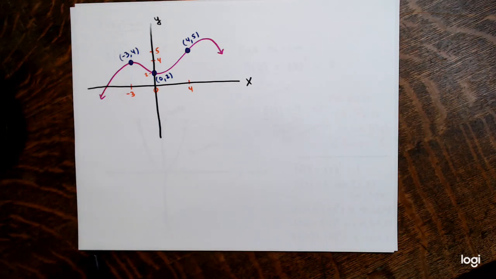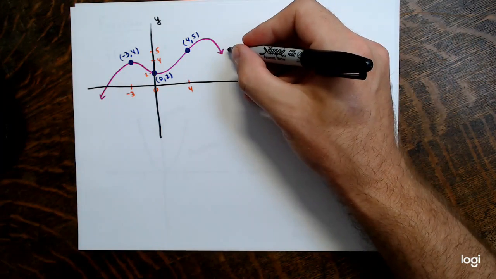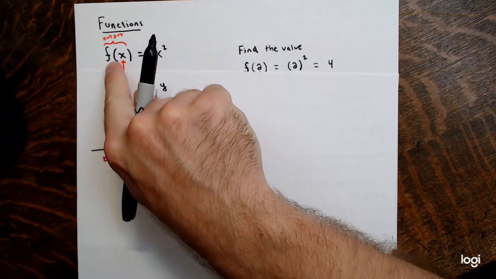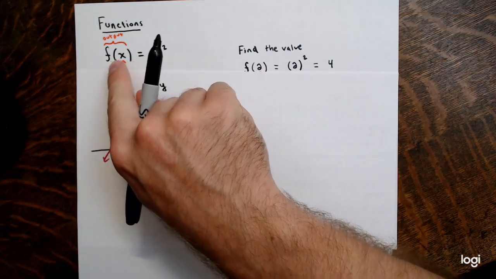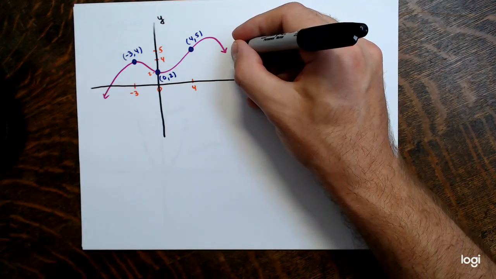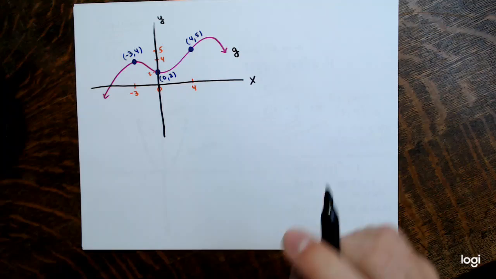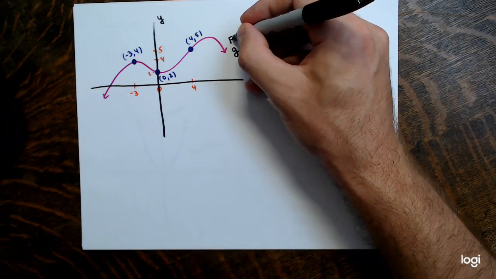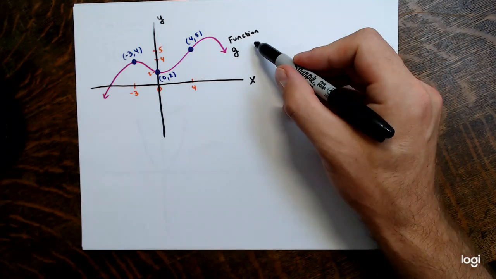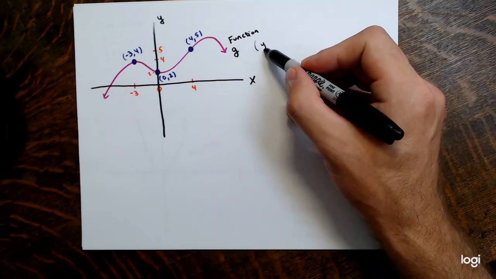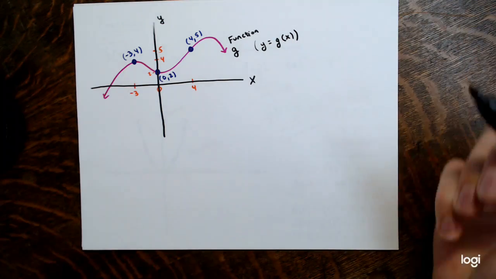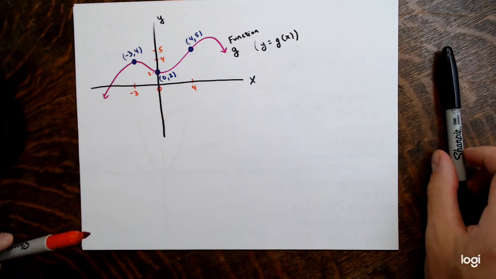And let's say the name of this function, instead of f, the last one was named f of x, let's say this is called g. This is function g. Or you could say this is the graph of y equals g of x, instead of f of x like in my previous example.